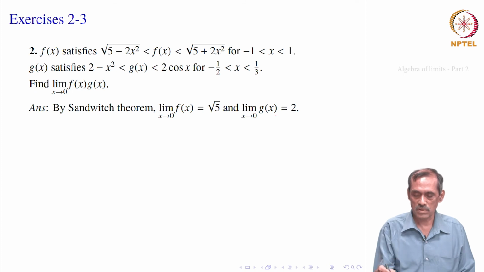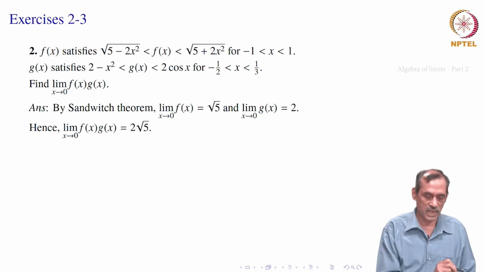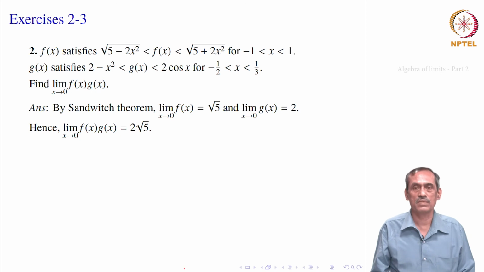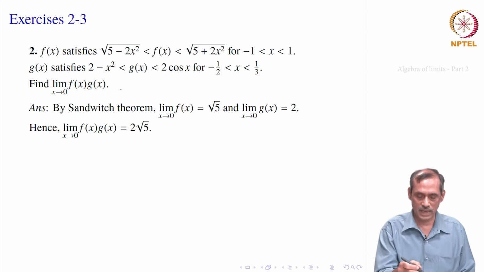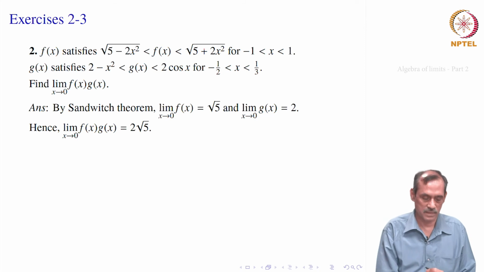So, this becomes 2. So, the limit of f x g x must be equal to 2 times square root of 5. If you attempt it all at a time, there might be some difficulties, but it is okay. This will be easier, right. You find here it is easier to find limit f x and limit g x separately.